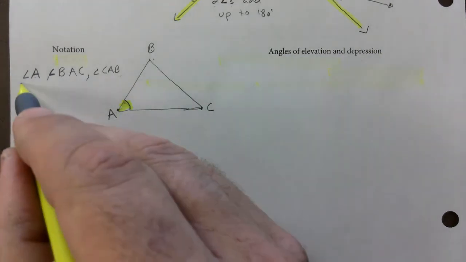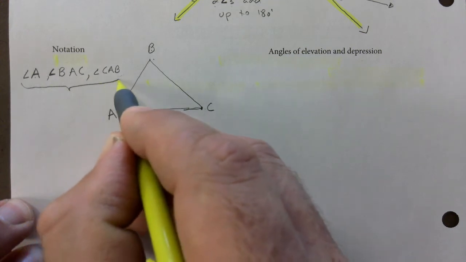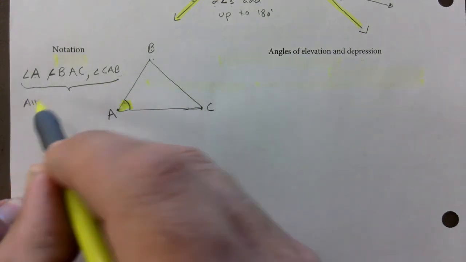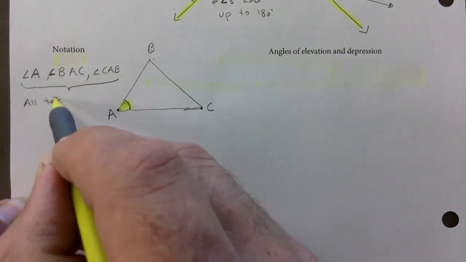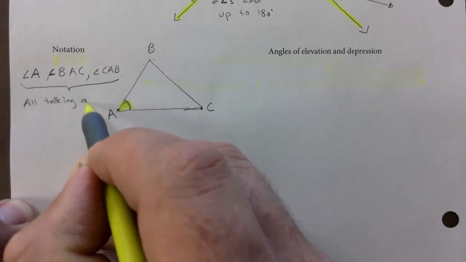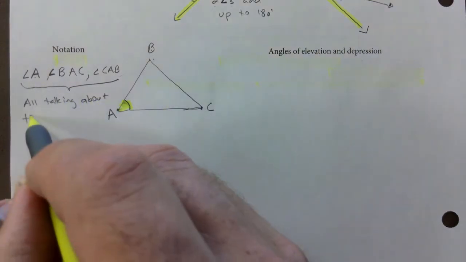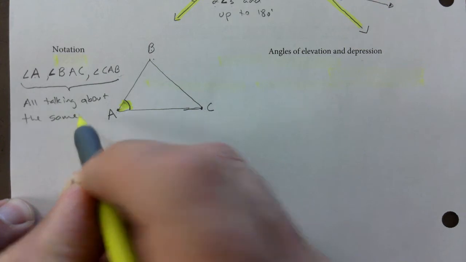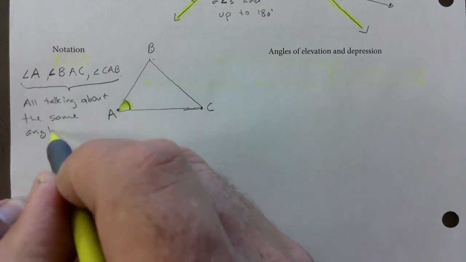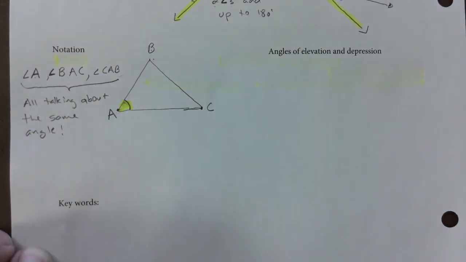Yeah, so it's a three-letter notation for that same angle. Okay, so we'll say this. All talking about the same angle. Okay. And maybe I will just highlight the A on all of these notations.